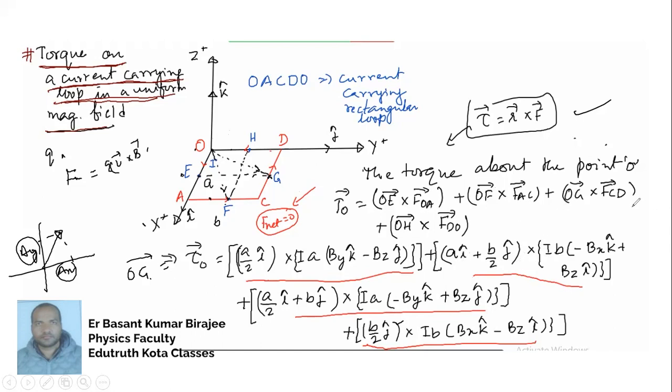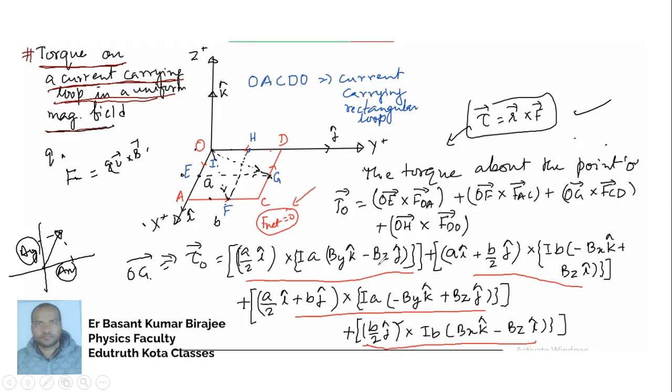In a similar way, we have the values of all these. The OG vector we have calculated: its X component will be OE, that is A/2 i, and for the Y component, we draw a perpendicular to the Y axis, and your Y intercept here is OD. So it is how much? B j.